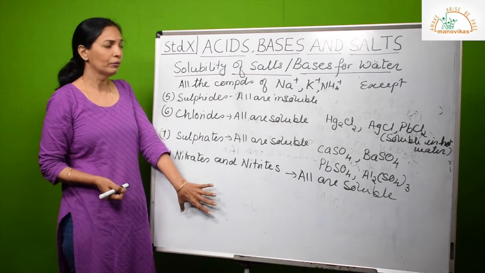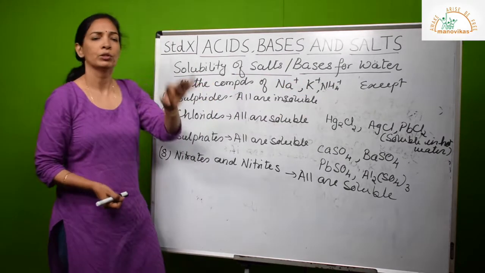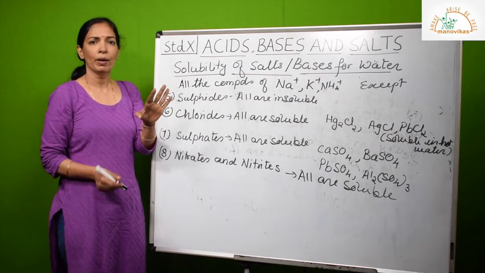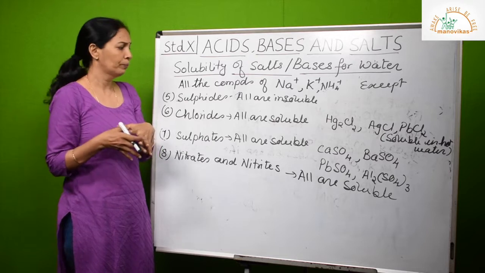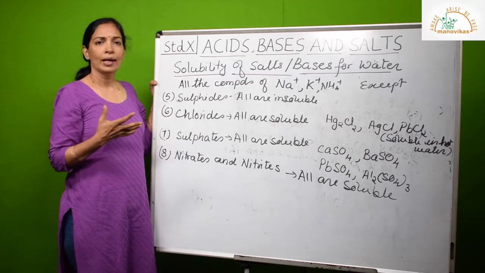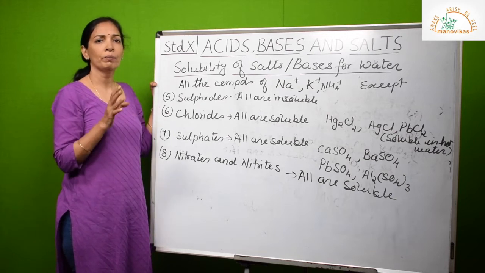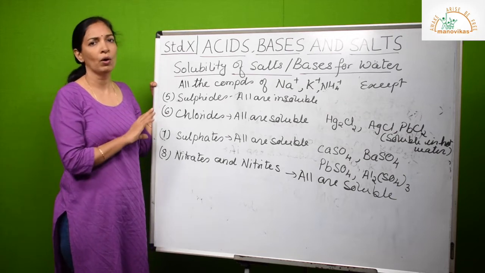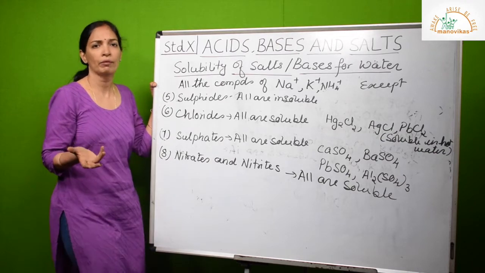So we started with all the compounds of sodium, potassium, ammonium are soluble. So any sodium, potassium, ammonium compound, without any hesitation we can make a solution in water. When comes oxides, sodium and potassium oxides are soluble. Hydroxides, sodium, potassium, ammonium are soluble, remaining all are insoluble, even oxides except sodium, potassium. Ammonium will not have an oxide.